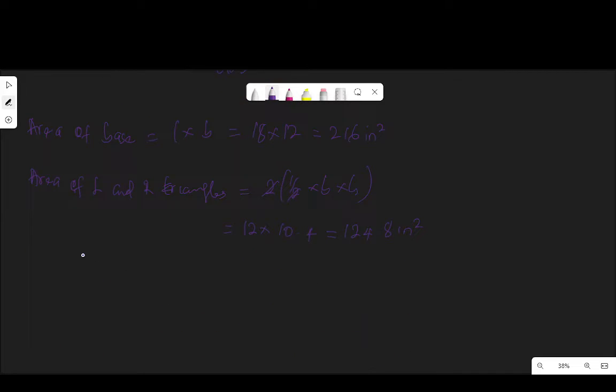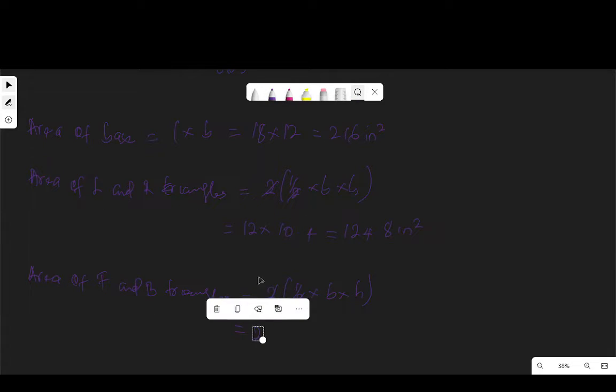And let's get area of front and back triangle. It is again 2 times half times base times height, these two can cancel. So let's just pick the base and the height.